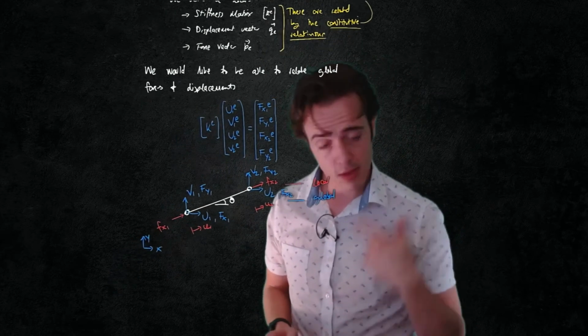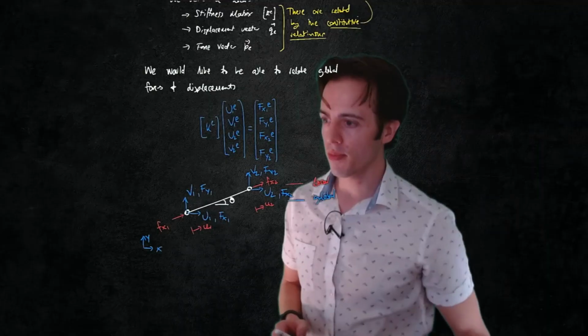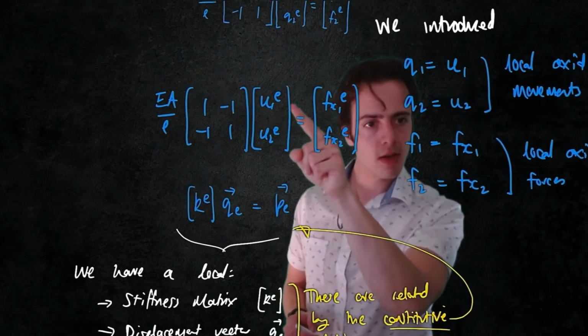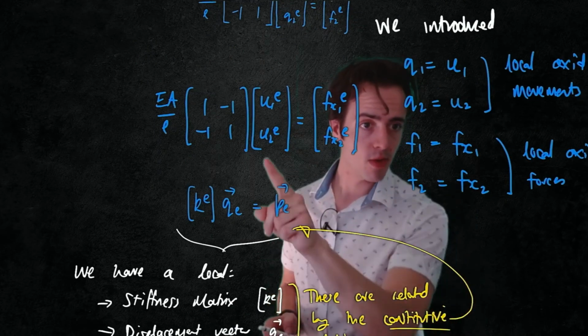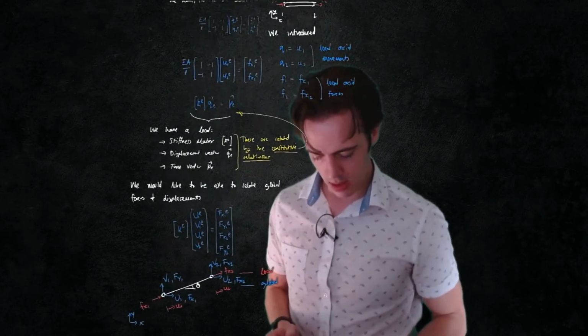Okay, and so we're going to do this first step. We're going to do this transformation bit here. So we're going to look at this here, and we're going to express u1 and u2 in terms of global displacements. Then we'll substitute them in here. So let's continue down the page.